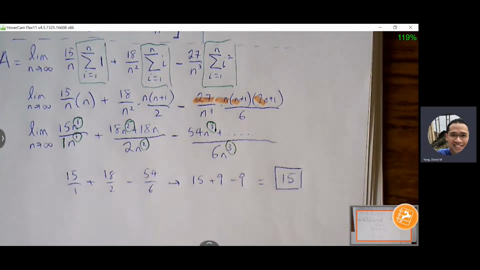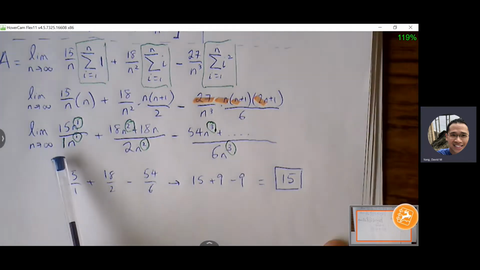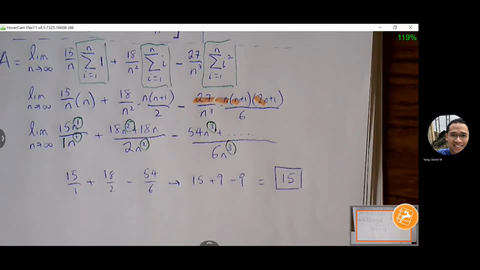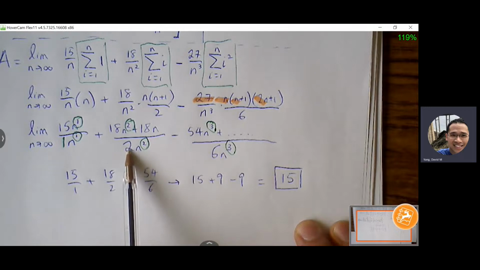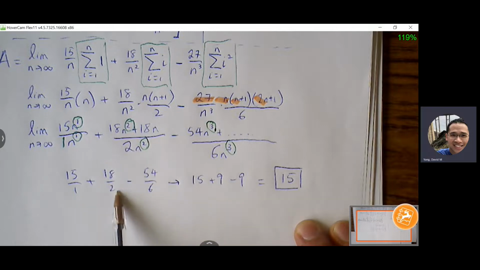Okay, so 15n over n, we just get 15 times n over n, which will produce 15 over 1. 18n squared plus 18n all over 2n squared. We see matching degrees. We know that will produce a coefficient that we need.